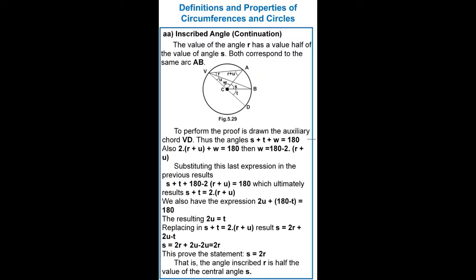This expression results in 2 times the angle U being equal to the angle T. Substituting this last expression in the anterior expression finally results in the angle S having a value of 2 times the angle R. That is, the inscribed angle R has half the value of the center angle S.